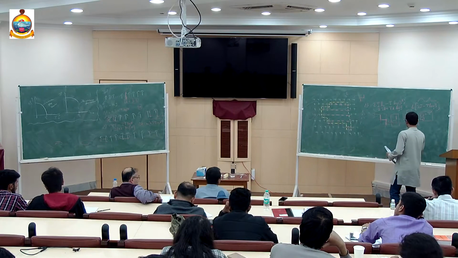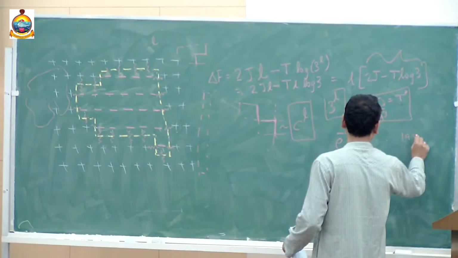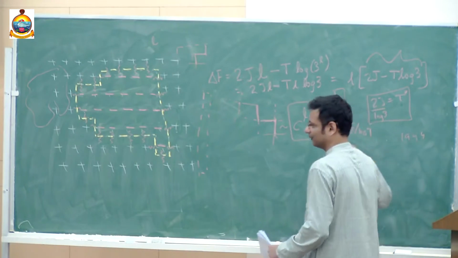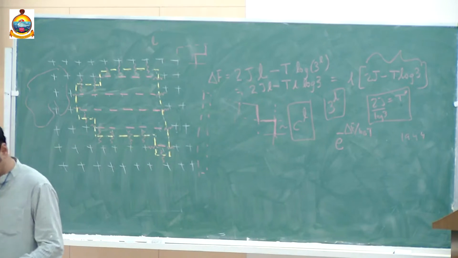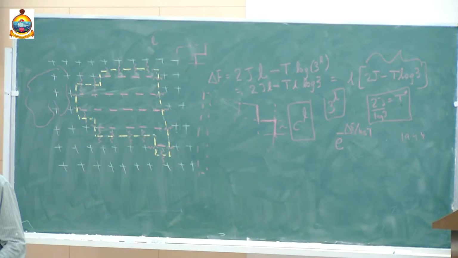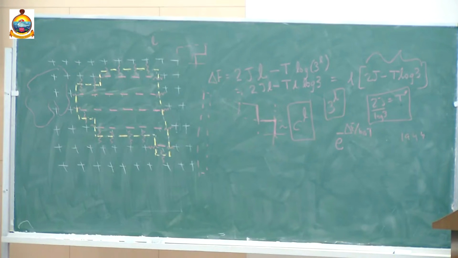But even before Onsager, so Onsager's solution was in 1944 or 45, I think, 44, okay, 1944. But even before that, I think I have the reference. Yeah, in 1941 actually, there was a very nice solution, and I'll actually write the solution to estimate the TC.